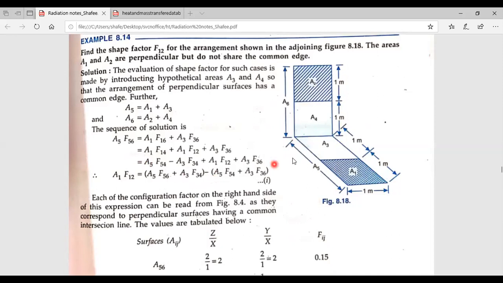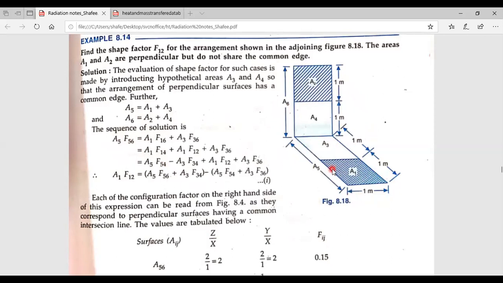Now first I'll consider the heat transfer from A5, the total A5, which consists of A1 and A3. From this it goes and falls on 6. That is A5 F5-6. So from surface A5 it falls on 6. A5 F5-6 can be given as two things.